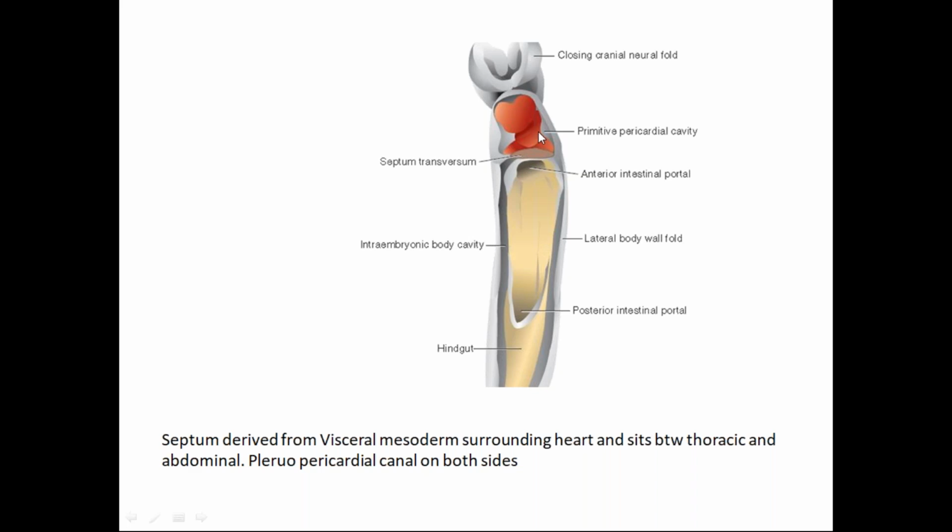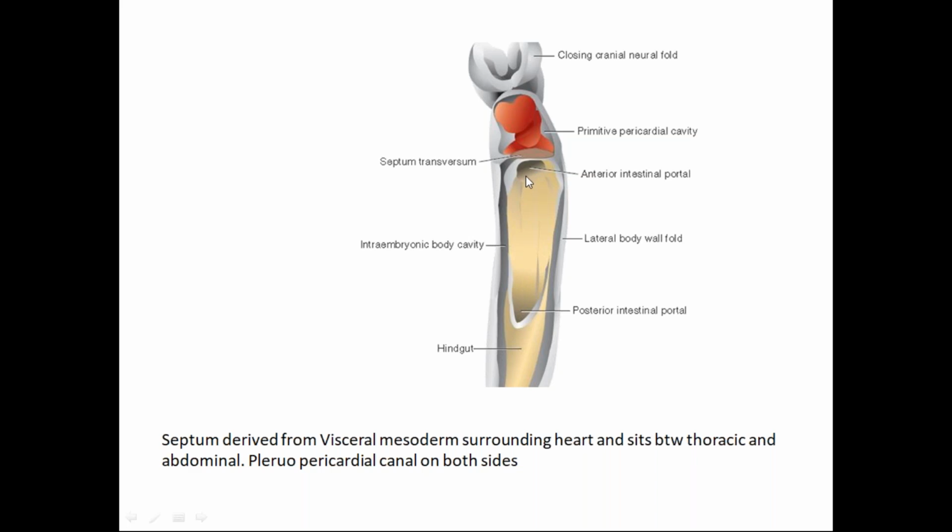That means in the thoracic cavity we have the heart and the lungs. In the abdominal cavity, most of this is related to the liver. So liver, and this is the gut tube which is getting incorporated into the body cavity.